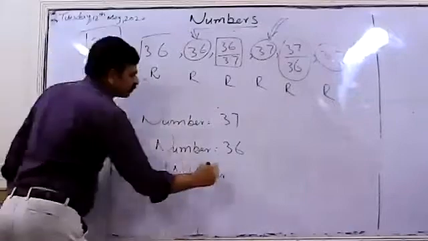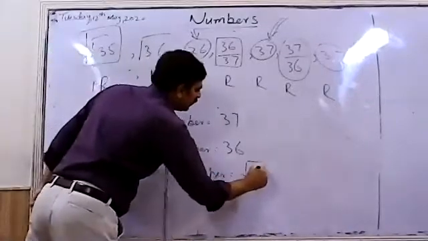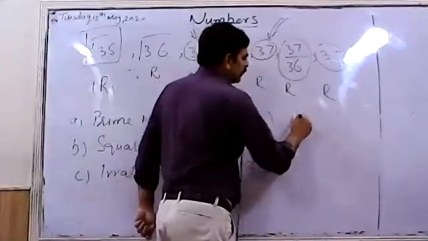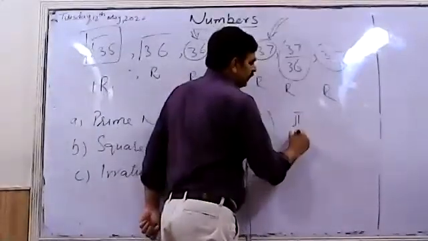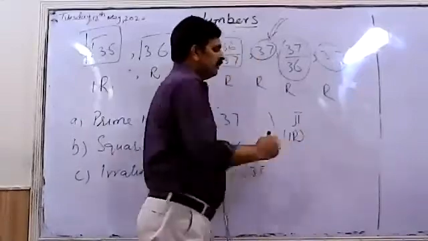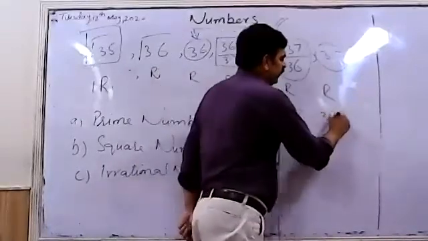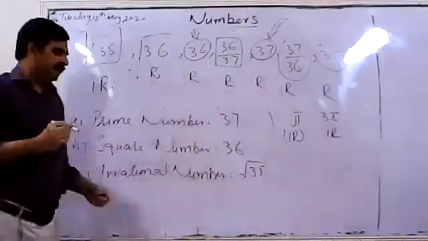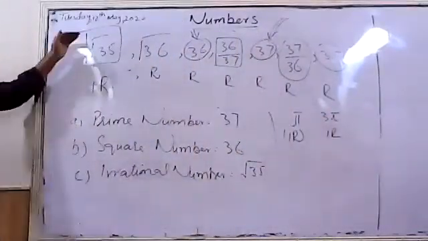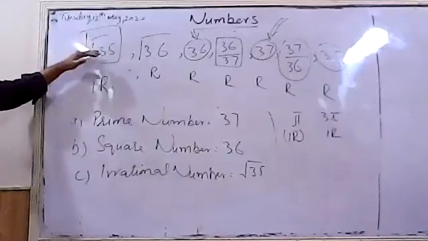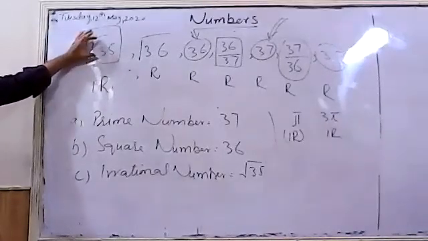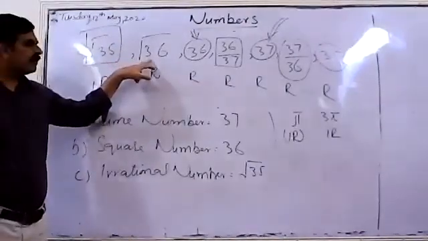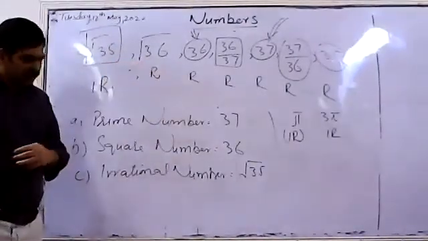I have already said the square root of 35 is an irrational number. Students, pi is an irrational number. If it's written 3 pi, again it's an irrational number. If you find any number that is a square root, cube root, or any other number which has no exact answer, it's known as an irrational number. If you find its answer as a whole number, it will be a rational number.